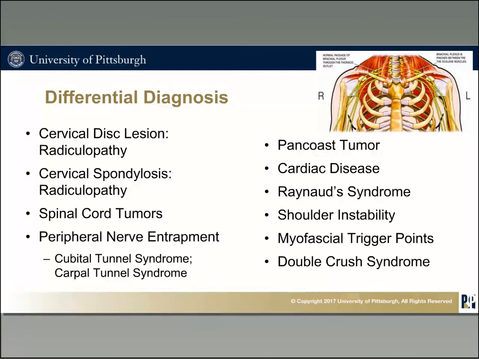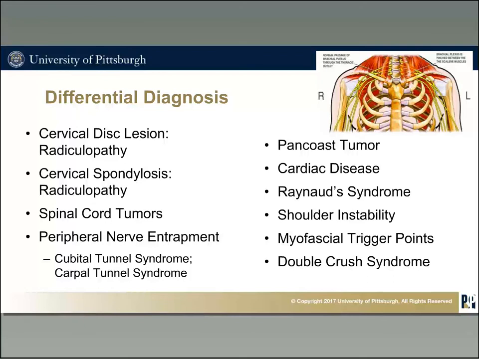In terms of differential diagnosis, many times thoracic outlet syndrome is thought to be a diagnosis by exclusion, given that the number of conditions listed on this particular slide have been ruled out through clinical testing or diagnostic testing.